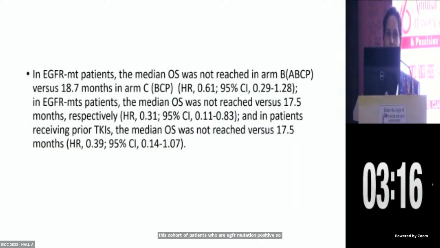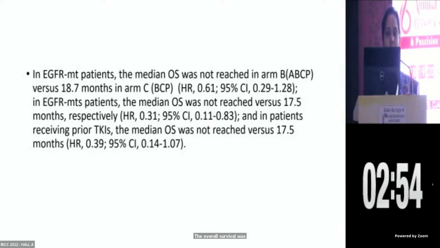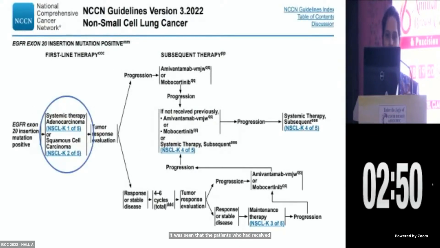With atezolizumab, bevacizumab, paclitaxel, carboplatin, median OS was not reached in this arm versus 18.7 months in the chemotherapy plus bevacizumab arm. Also for the EGFR mutated patients, the overall survival was statistically significant, and it was seen that the patients who had received previous TKI also derived benefit.